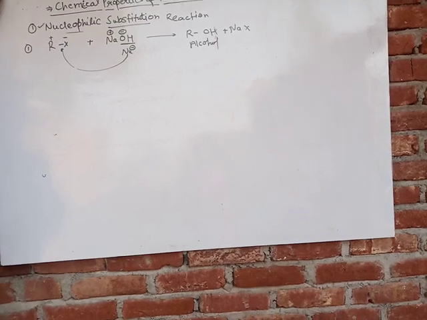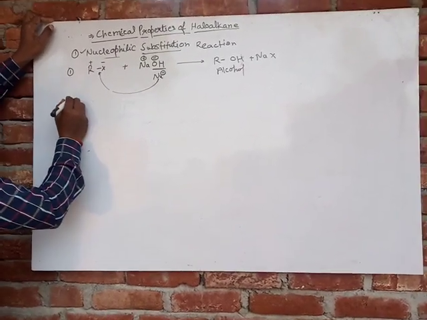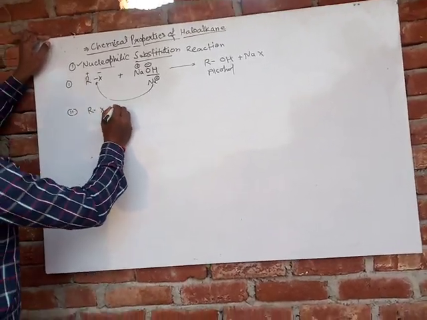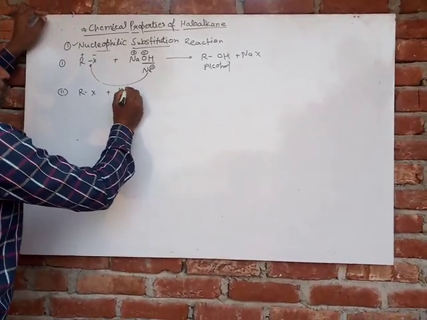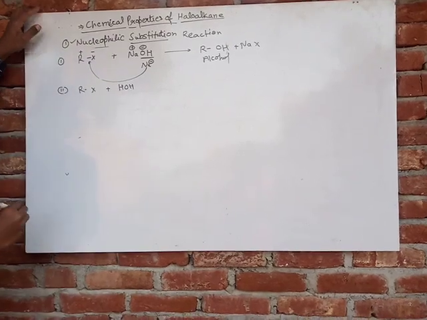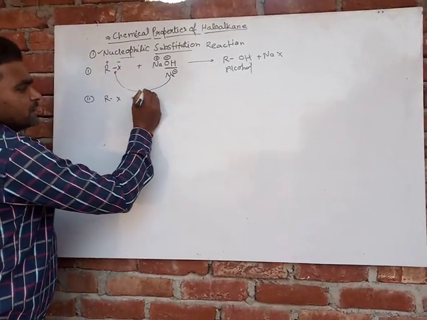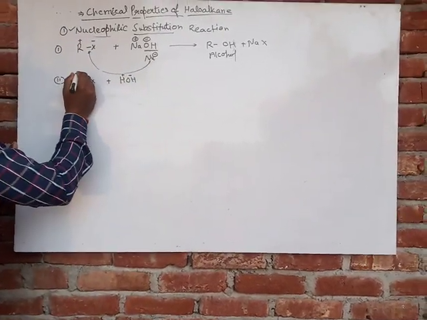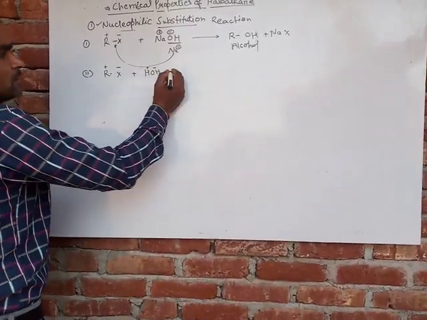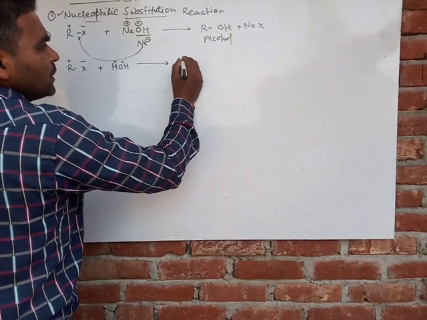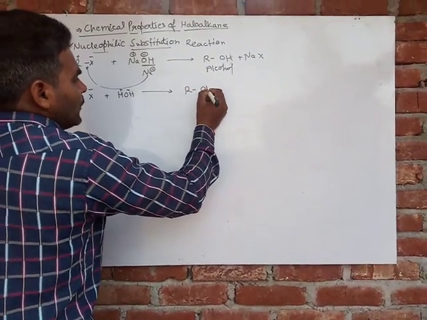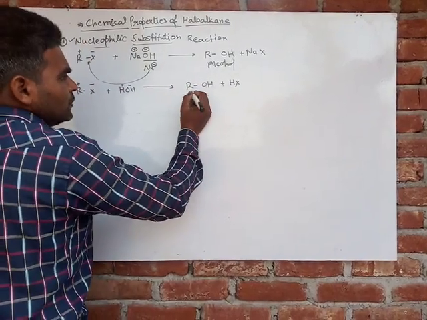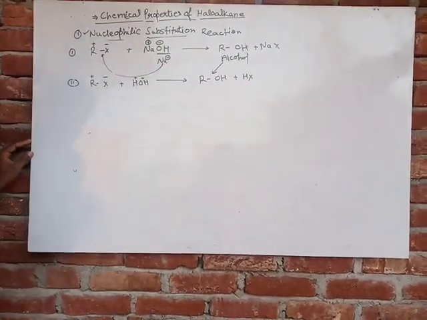This is an alcohol. Similarly, in the second reaction, if alkyl halide RX reacts with H2O, that is HOH, here H plus and OH minus, and similarly R plus and X minus, we see that the product is the same, ROH plus HX. It is also an alcohol.